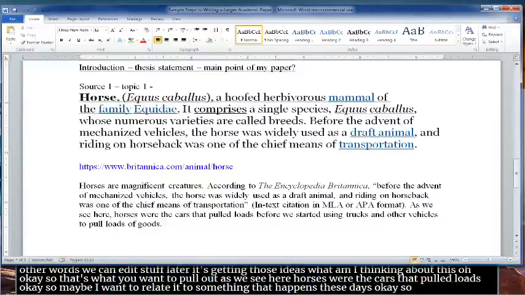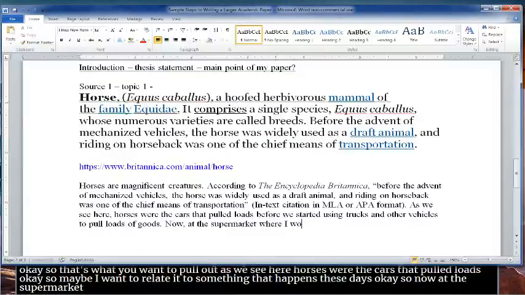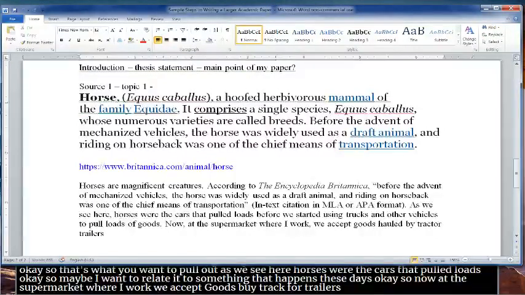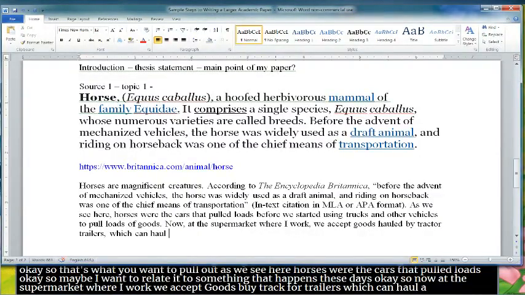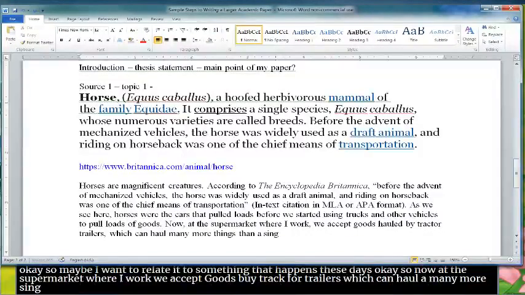So now at the supermarket where I work, we accept goods hauled by tractor trailers, which can haul many more things than a single horse. Well, wait a minute. Hang on.